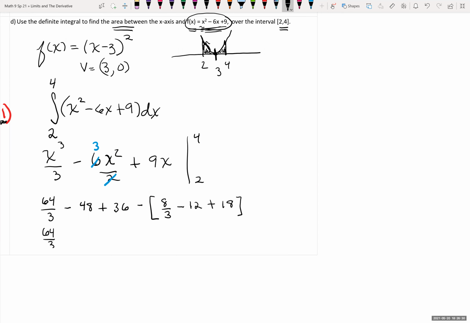So when we distribute this, this gives me a minus 8 thirds. And this is going to give me a minus 6. So 64 thirds minus 8 thirds gives me 56 thirds. Minus 12 minus 6 is minus 18. I need a common denominator.